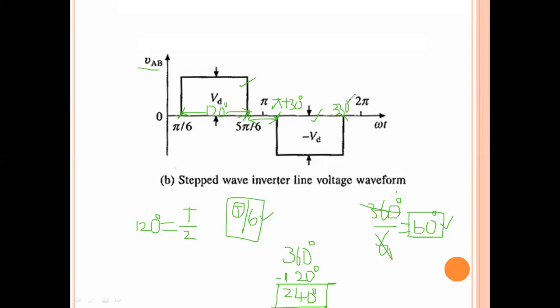Sorry, 330 degrees, not 230. So from 210 to 330, the time period is again 120 degrees. Here a 30 degree time difference is left, and here also 30 degrees is left, so the total is 60 degrees.